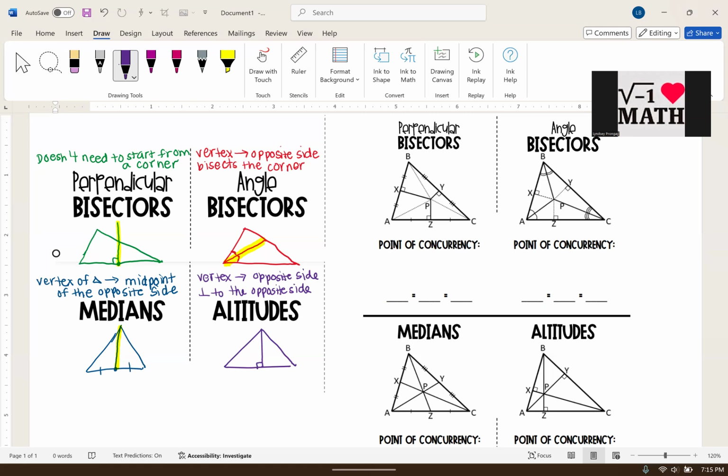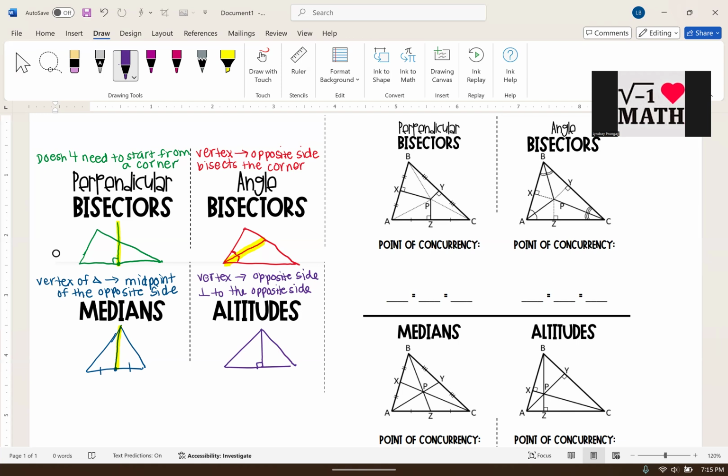Three of the four start at the corner of the triangle. Angle bisector, median, and altitude all start from the corners. Perpendicular bisector can, but doesn't necessarily have to start from the angle of the triangle. Some of them are perpendicular: perpendicular bisector and altitudes are both perpendicular.